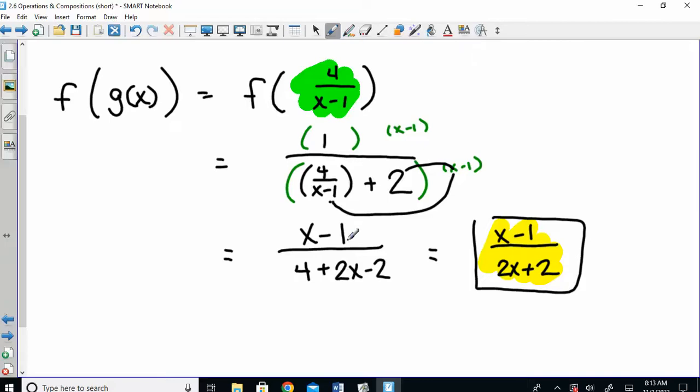Okay, we know that in a fraction, the bottom can't be 0. So right here, I know x cannot be positive 1. Does everybody understand where that came from? So then when I look at the final answer, 2x plus 2 can't be 0.